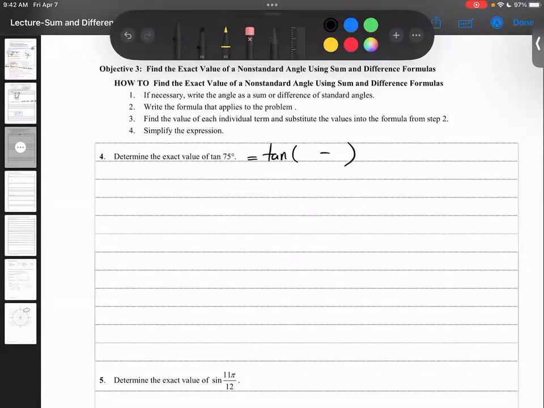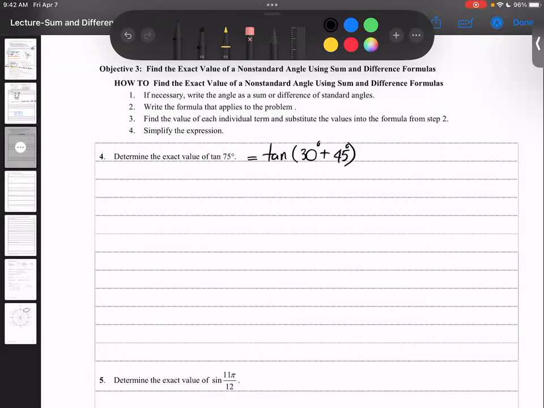So I'm gonna make it something plus something, but those two numbers you better be able to look up on the unit circle. What will you break it up into? Yeah, 45 and 30, right? Or 30 and 45. 30 plus 45 is 75, so we didn't change anything.